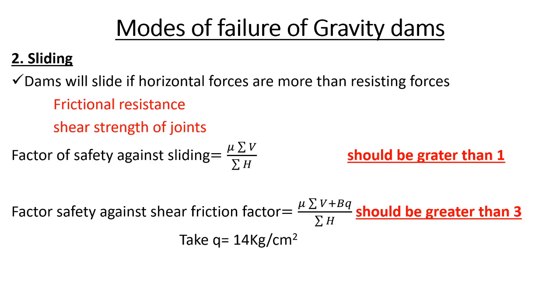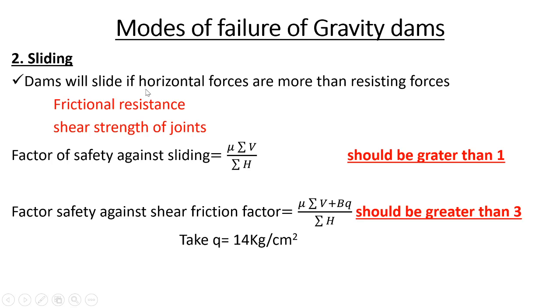Going to the next mode of failure, second one is sliding. Dams will slide if horizontal forces are more than resisting forces. Horizontal force is due to the retained water at upstream and downstream.